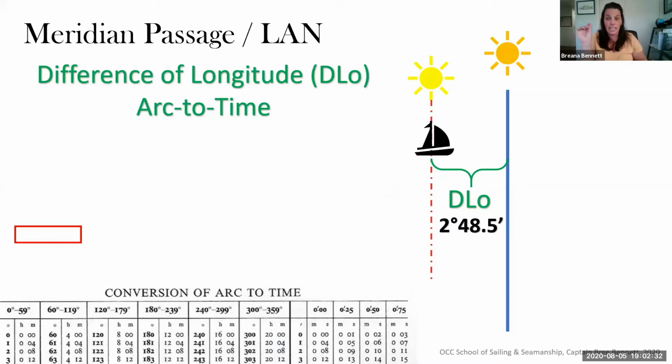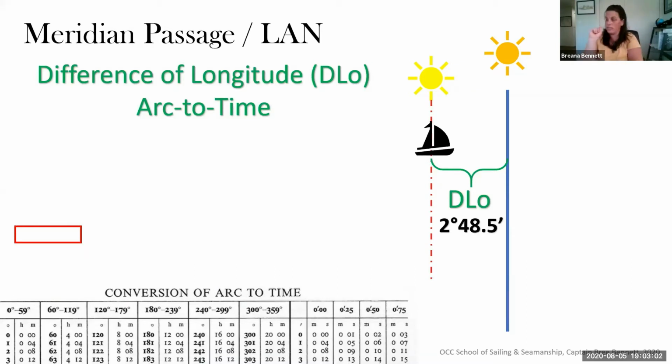Again, our DLO is different than our difference in latitude or distance, because DLO, or difference in longitude, is not equal to nautical miles, because latitude is nautical miles, longitude is not. So we can convert our DLO into arcs of time. And arcs of time are how fast the sun is moving past our longitude lines.